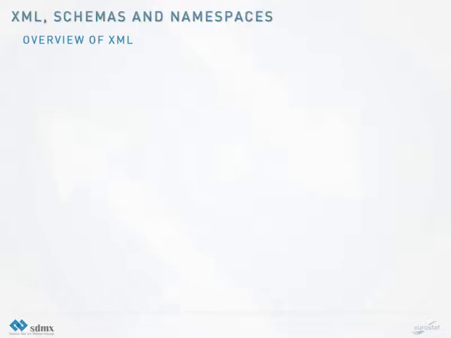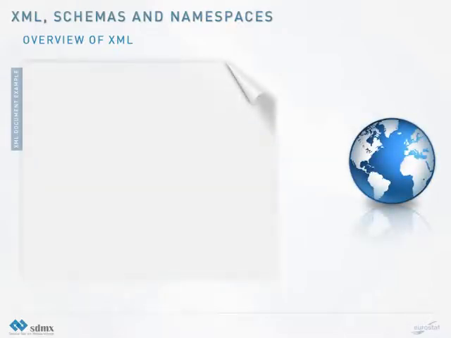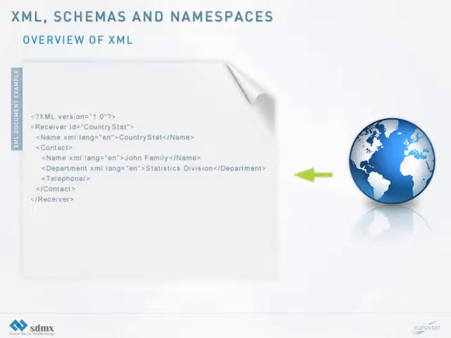Extensible Markup Language, XML, is a markup language used to describe the content and structure of data in a document. XML is an industry standard for delivering content on the Internet. Because it provides a facility to define new tags, XML is also extensible.